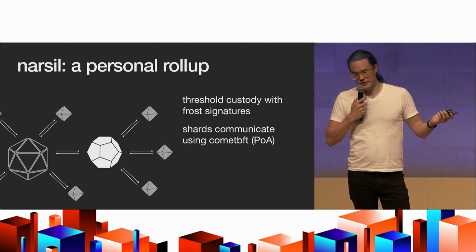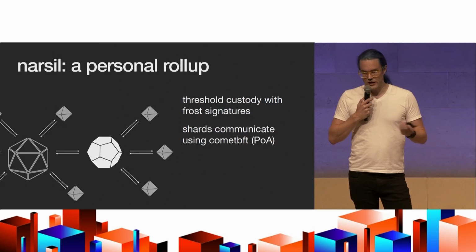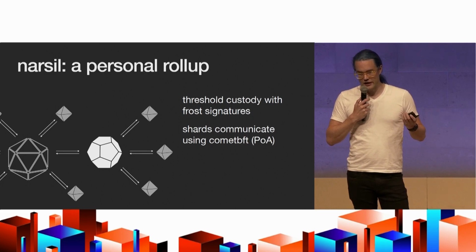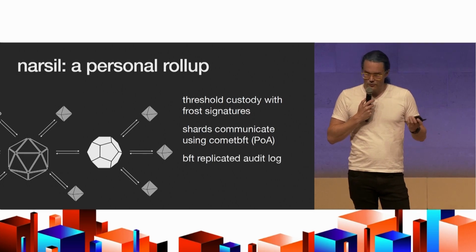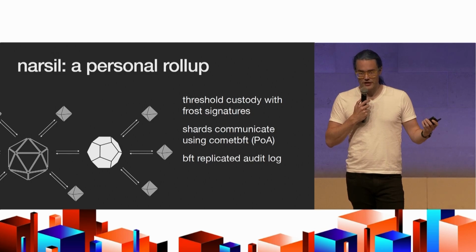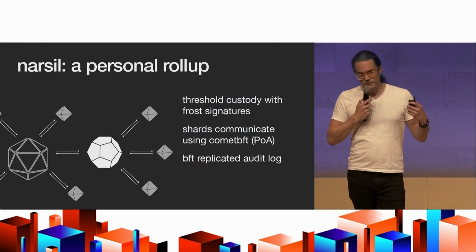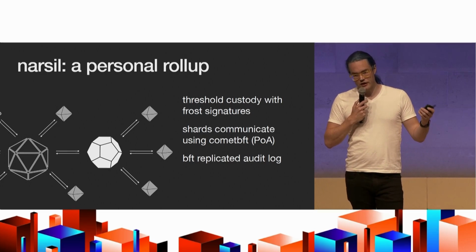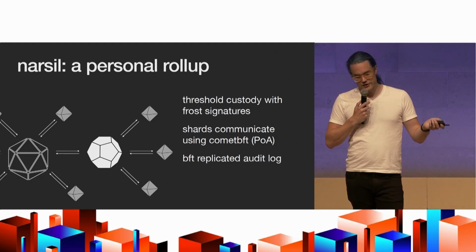And we're already using Tendermint Comet BFT, so like sounds great, we know how to do that. Why don't we just have the shards communicate with their own Comet BFT network? They can run it in proof of authority mode. And what that means is that you actually not only get strong consistency of like, hey, what are these people signing between the custodians, but it also means that every custodian has a fault-tolerantly replicated audit log of everything that has ever been signed by this threshold key.